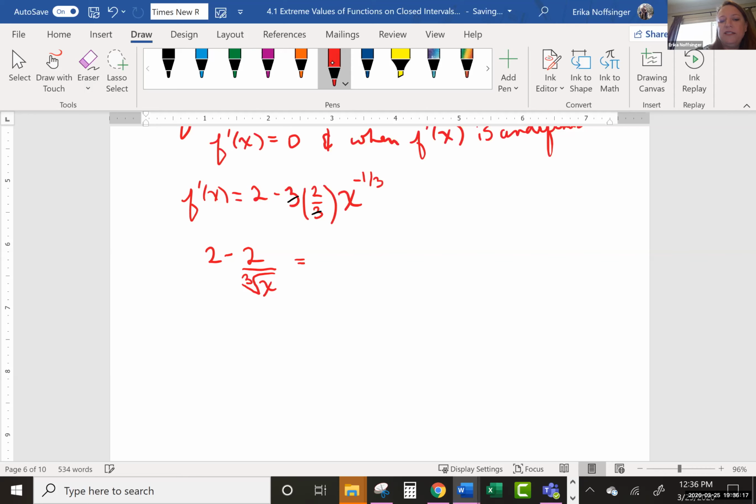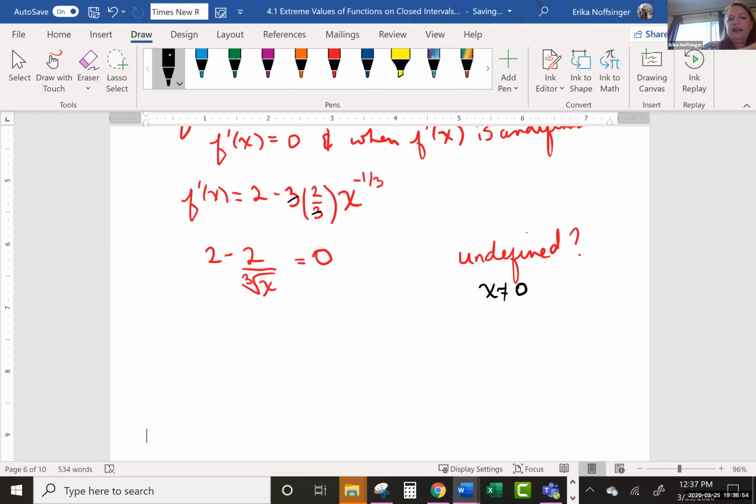And we're looking at when is this equal to 0, or undefined. x can't be a value which sets the denominator equal to 0, so x can't be 0. I'm okay in the original problem with x being 0, but for my derivative, x can't be 0.